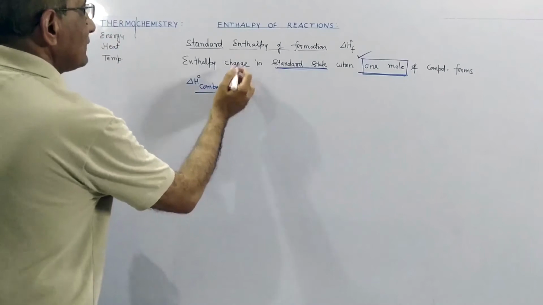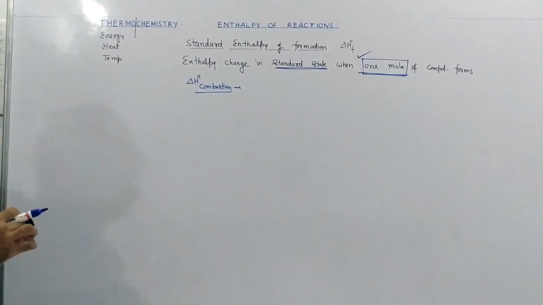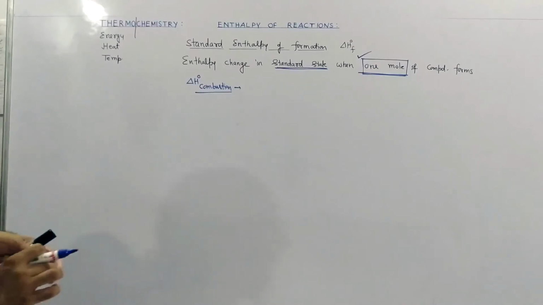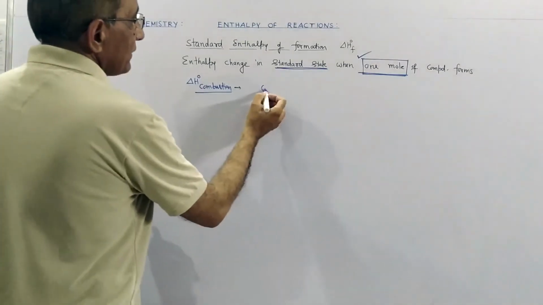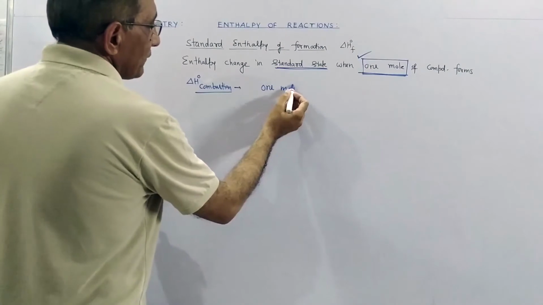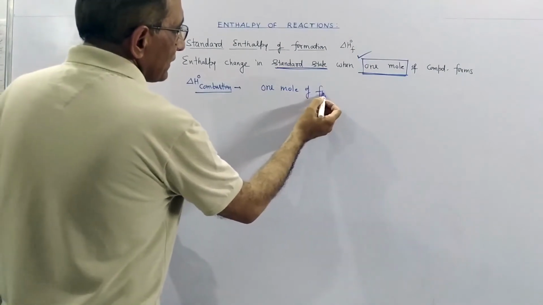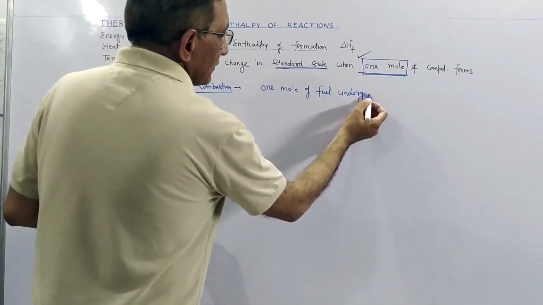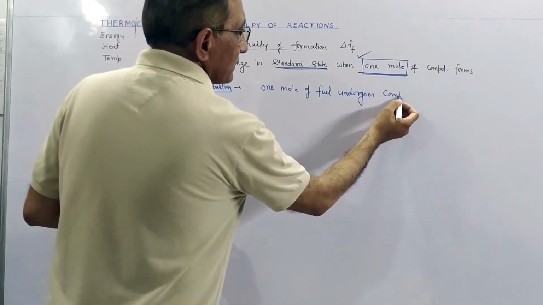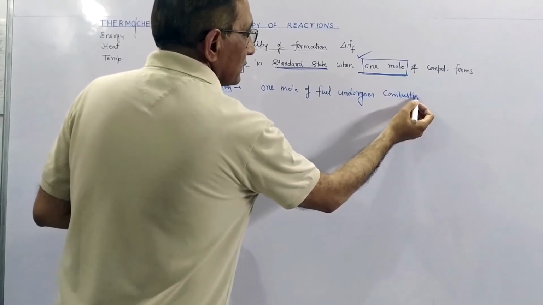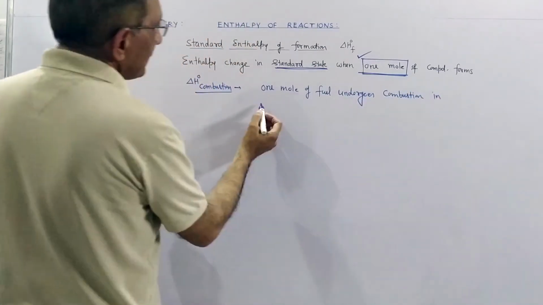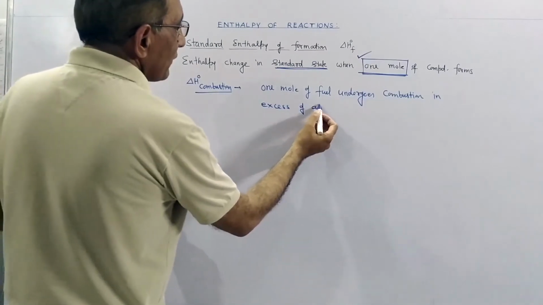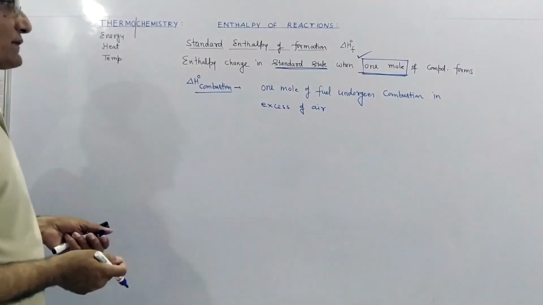Again we can define it: enthalpy change in standard state when 1 mole of fuel undergoes combustion in excess of air. 1 mole of fuel undergoes combustion in excess of air.